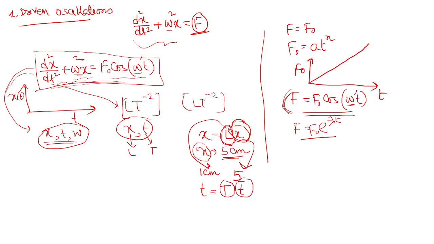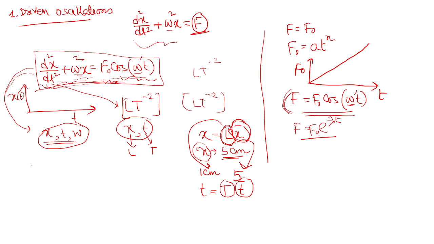First, you have to identify the length scale and time scale of a given problem. As we can see from this equation, this has the dimension of L T to the power minus 2, and similarly F0 should also have dimension of L T to the power minus 2, because this cosine term is dimensionless.